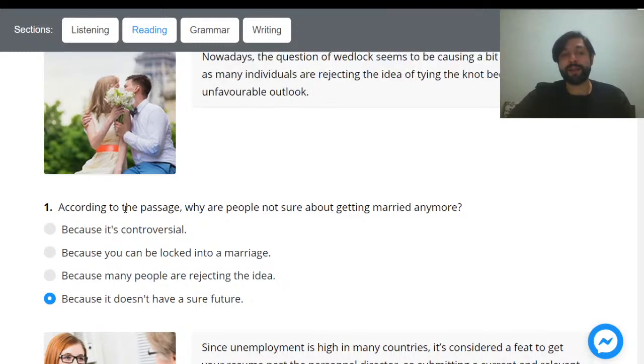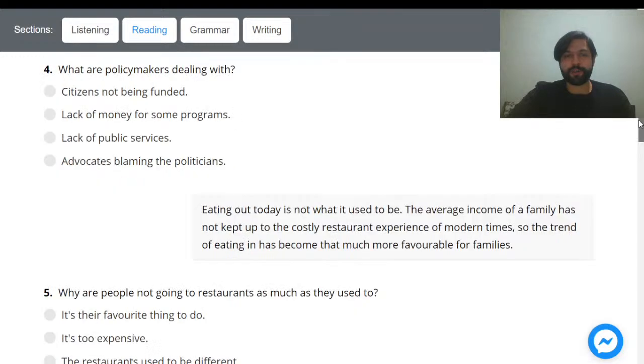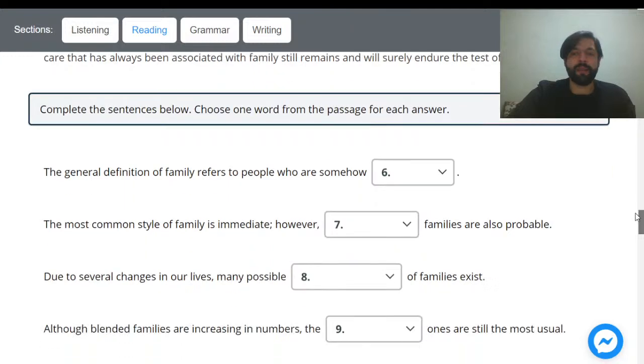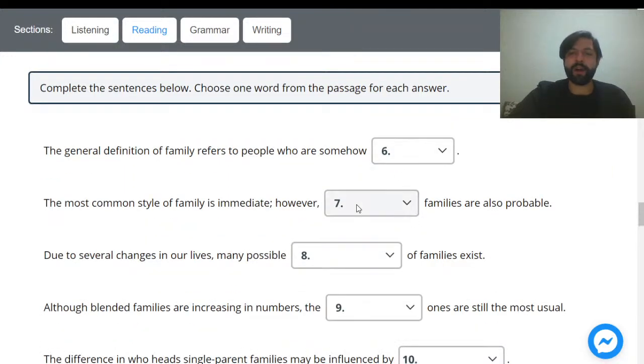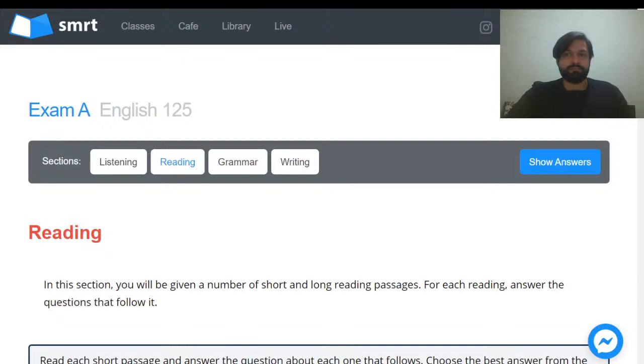It's a comprehension exercise. You have short texts and a longer one, and then you have to choose the best option to complete. These depend on your moment there, reading and listening.